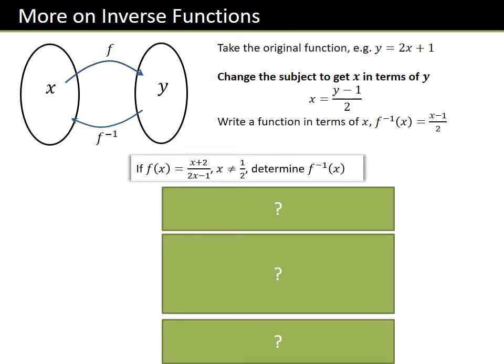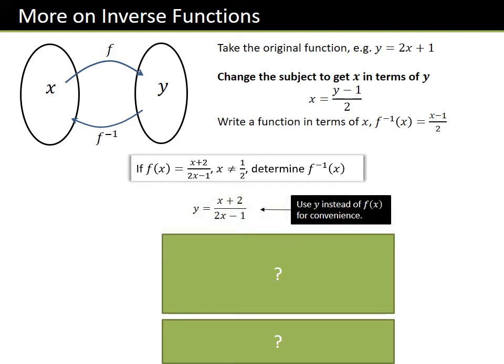So let's have a look at another one. This one looks a little harder. f of x is x plus 2 divided by 2x minus 1. x can't equal a half because otherwise we'd end up dividing by 0. We want to determine the inverse function. So we have a 3-stage process. Our first stage is to write it in terms of y. We actually haven't done any thinking, we've just rewritten the question with a y.